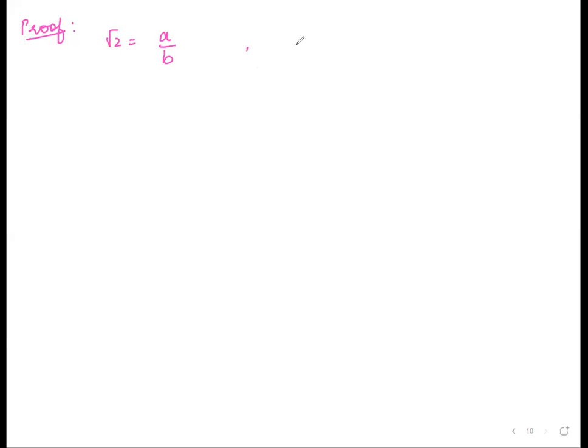So a and b are now co-primes. What are co-primes? I told you. Root 2 is equal to a by b, where a and b are co-primes, no common factor.